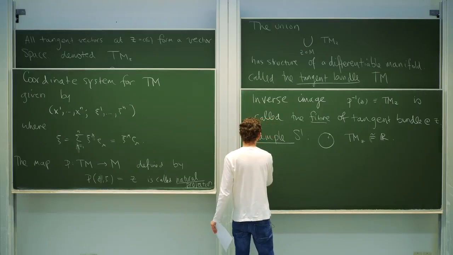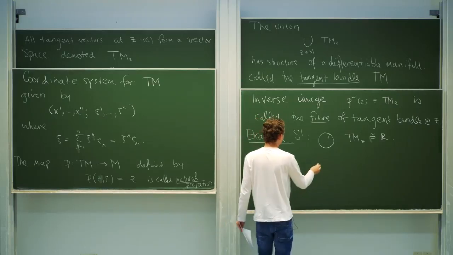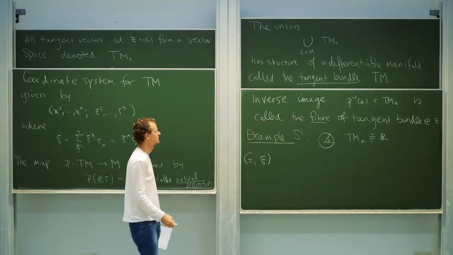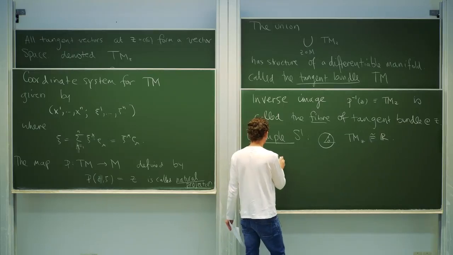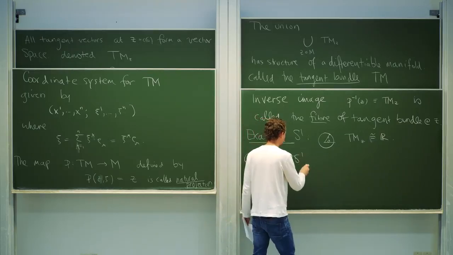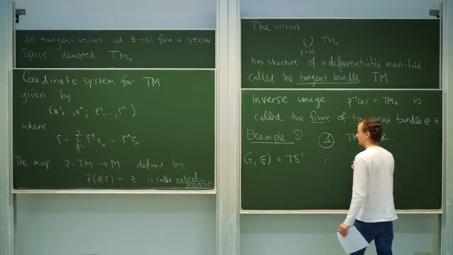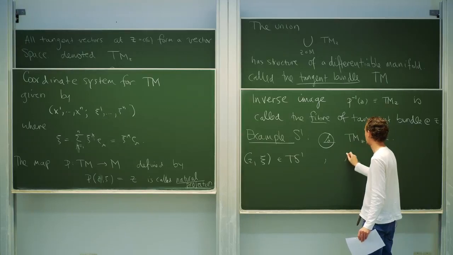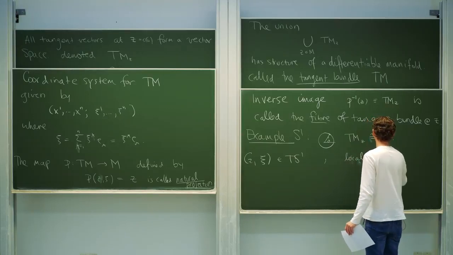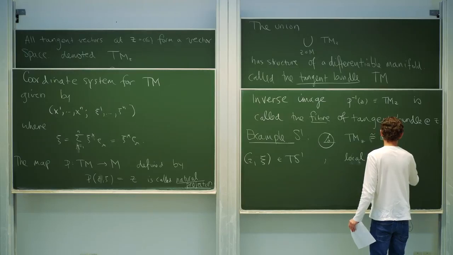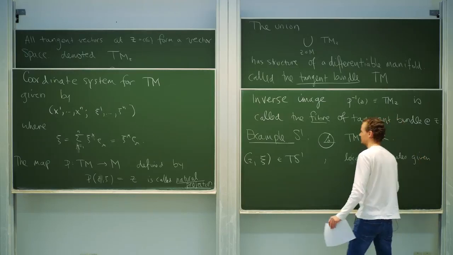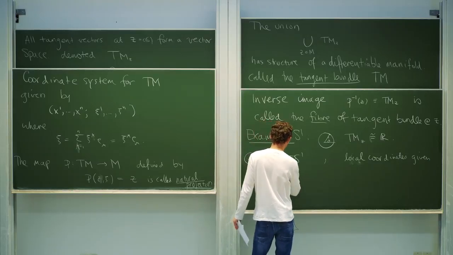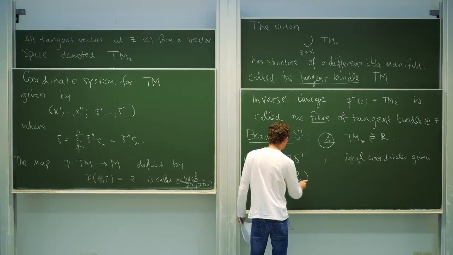So if we choose a coordinate theta on our circle, then points in the tangent bundle are pairs of, well, local coordinates are given by theta and d theta.